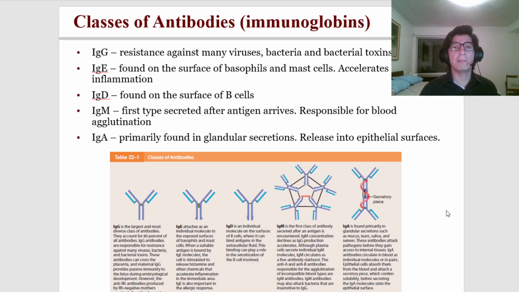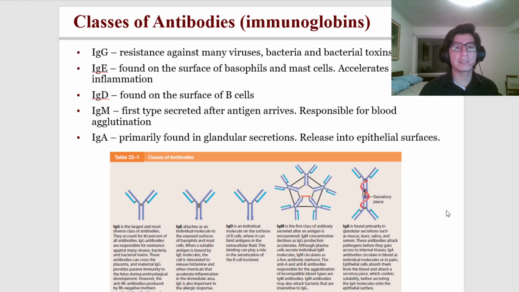When something binds to them, they release all of these vesicles containing histamine and interleukins that promote the inflammatory response. IgE, through basophils and mast cells and vesicles filled with histamine, is responsible for your allergies.